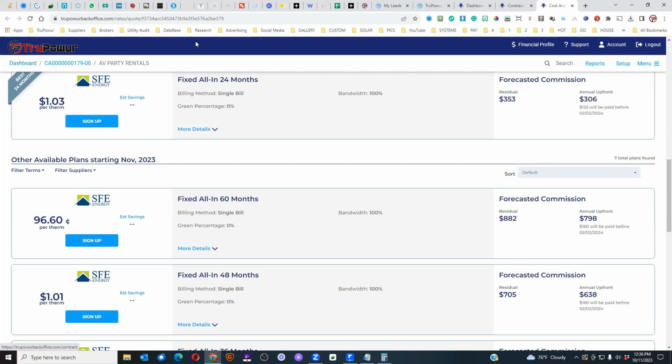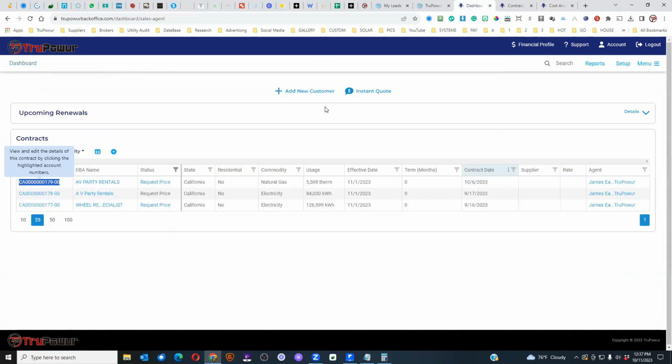Once the customer signs off on that contract, this will go from pending to request to signed. And then as soon as that is signed, it will automatically update the platform from request price to signed.